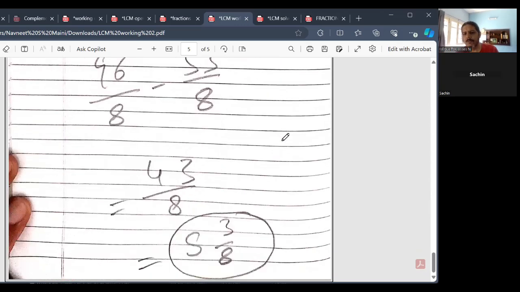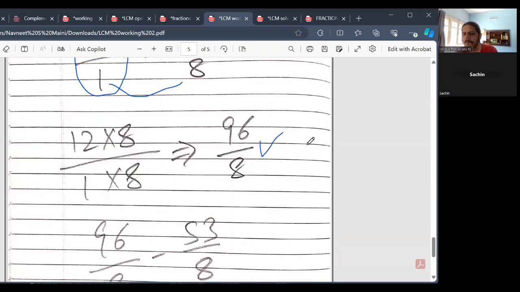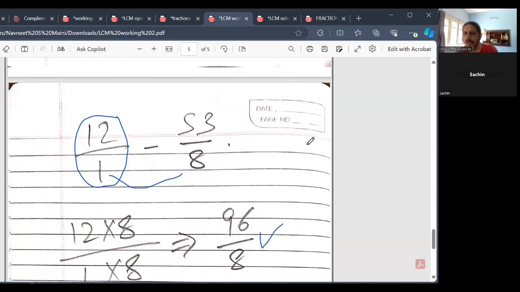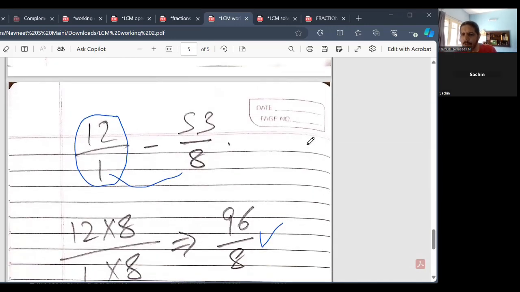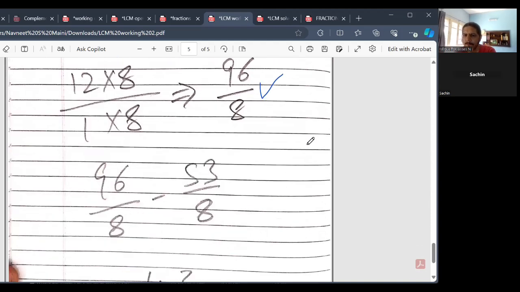And then the final answer should be 53 by 8. 53 by 8. Is it correct? I got extremely confused. I wrote 12, 1 upon 12, not 12. Okay, but have you understood how this is done? Yeah. Have you understood this method?